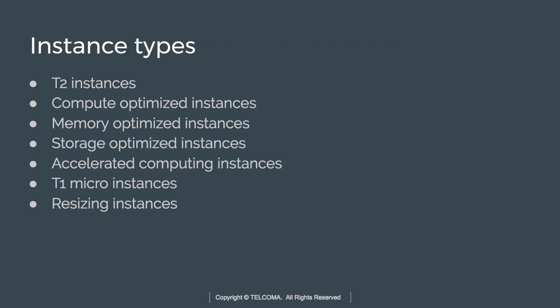So let's discuss the various instance types. These are the various instance types available: T2 instances, compute optimized instances, memory optimized instances, storage optimized, accelerated compute instances, T1 micro instances, and resizing instances.